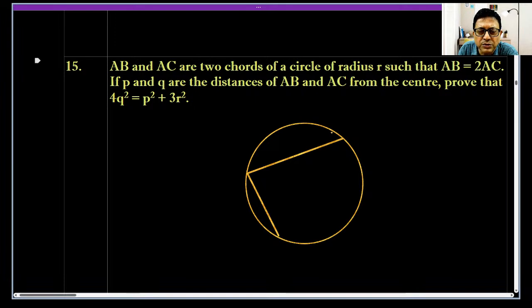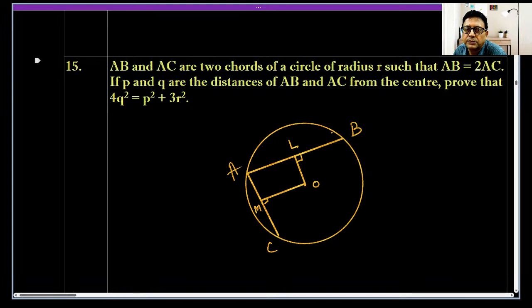P and Q are the distances of AB and AC from the center. The center is there. From the center you draw perpendiculars. This is OL and this part is OM.